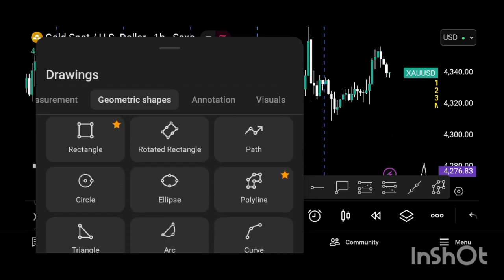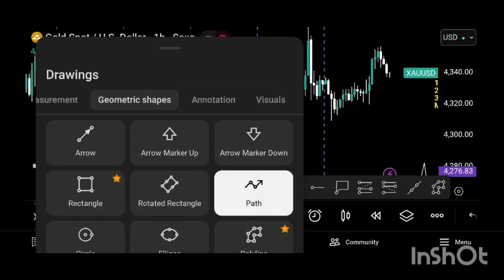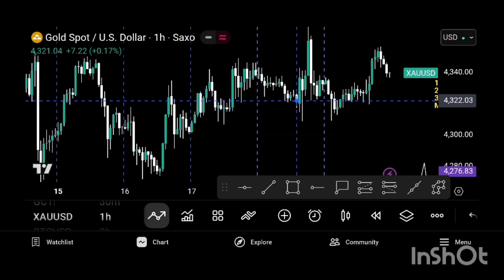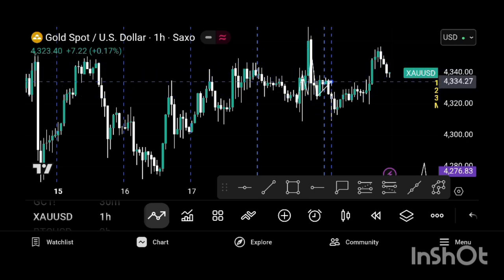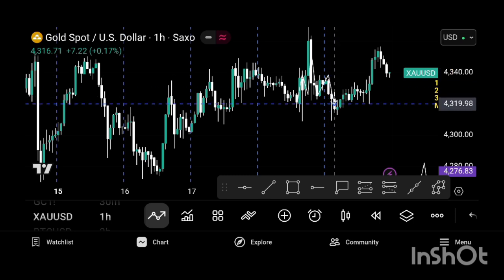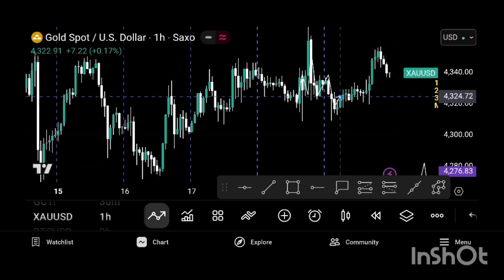Okay, you need to train your eyes to be able to see. Look at this. So price, you have this, you understand, you have this. Okay, so price came here, it bought first, and then later came to the apex before buying.